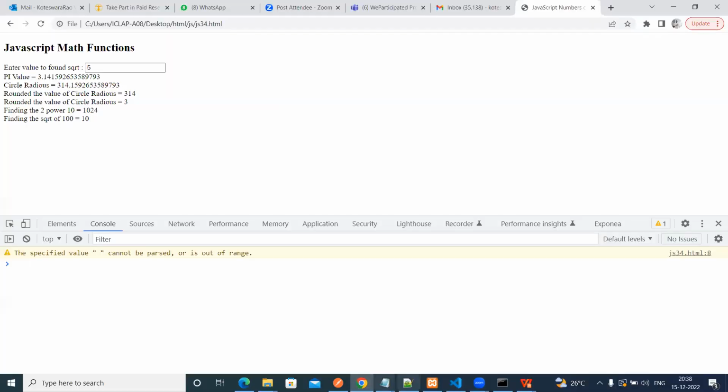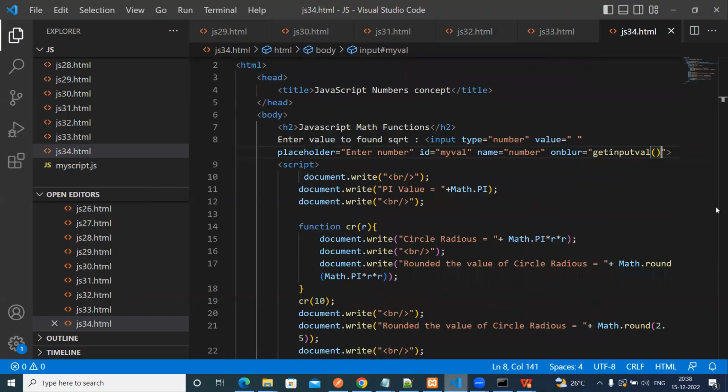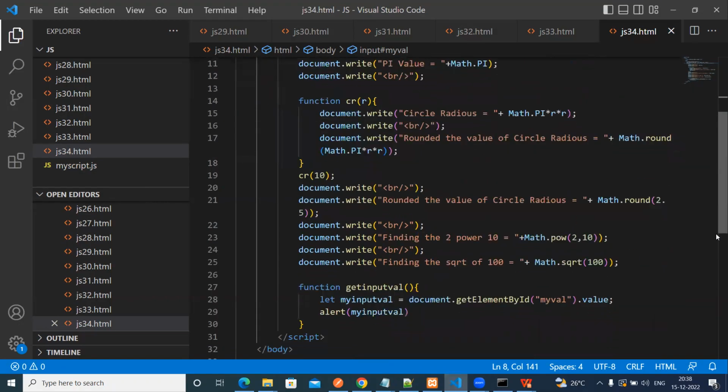Now you can see, an empty number we are getting. Then 5, we will get the 5. Then we have to pass this value to this one.